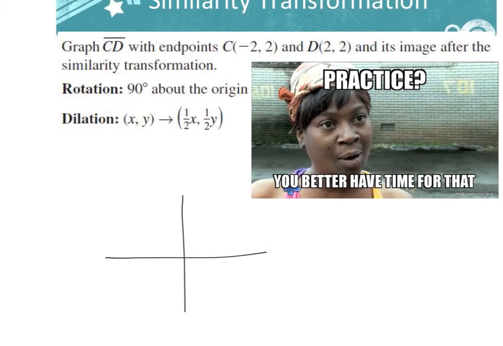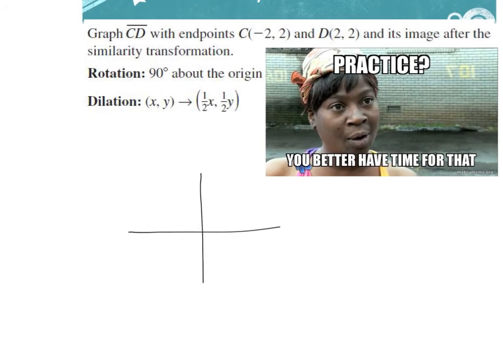All right, so let's do C is at negative 2, 2, negative 2, up 2. You're right here. This is C. And then D is at positive 2, up 2, D. So it's this line segment right here, okay?